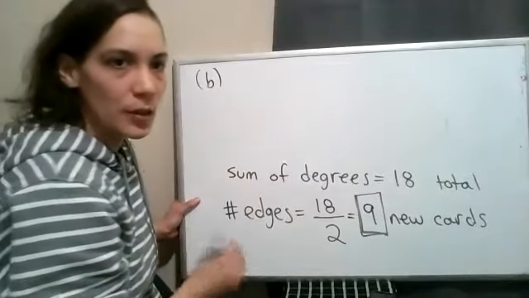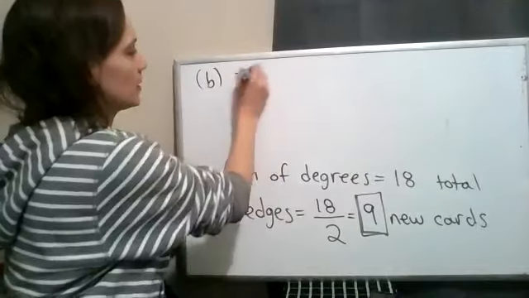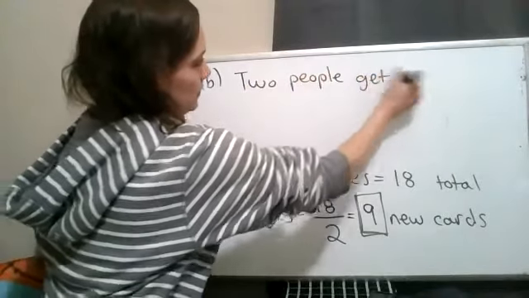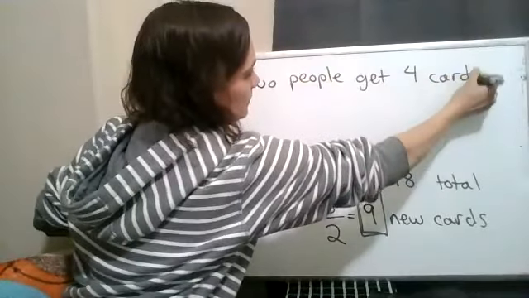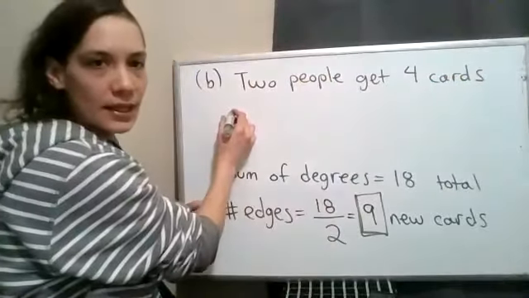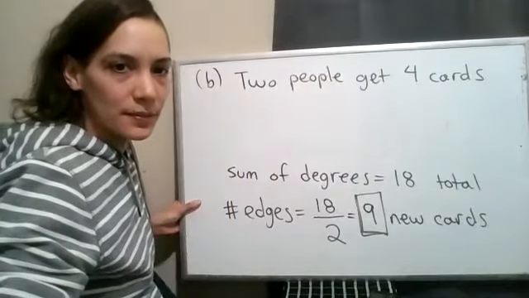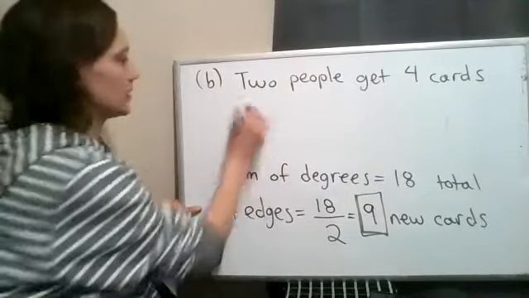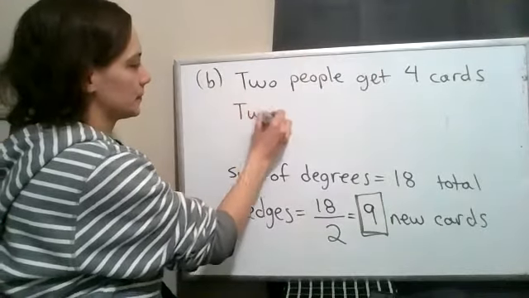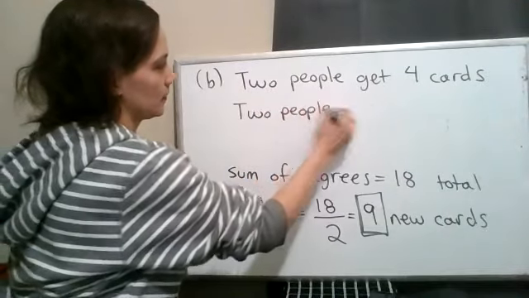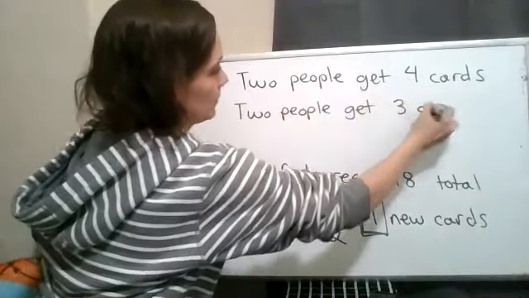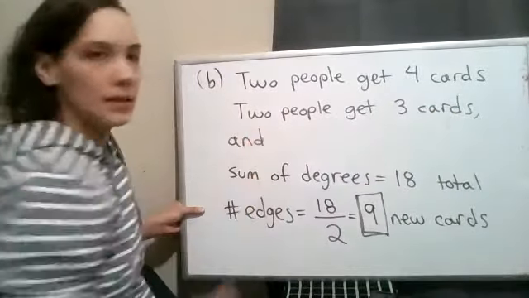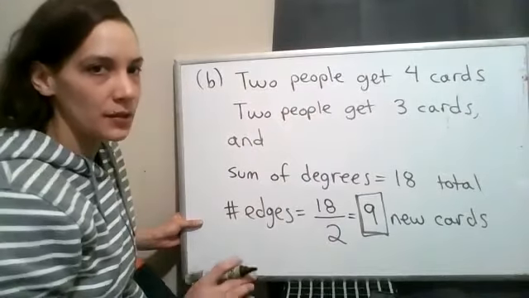For part B, 2 people get 4 cards. There are 2 people who get 3 cards. And 1 person gets 2 cards.